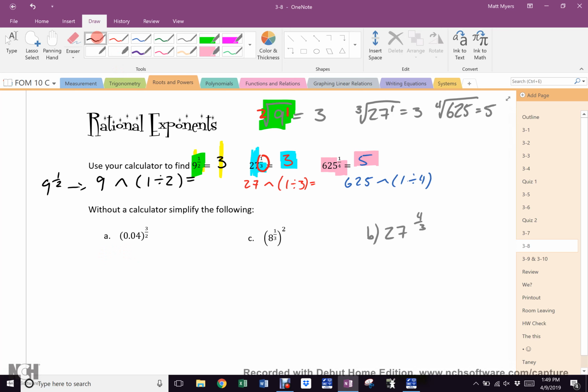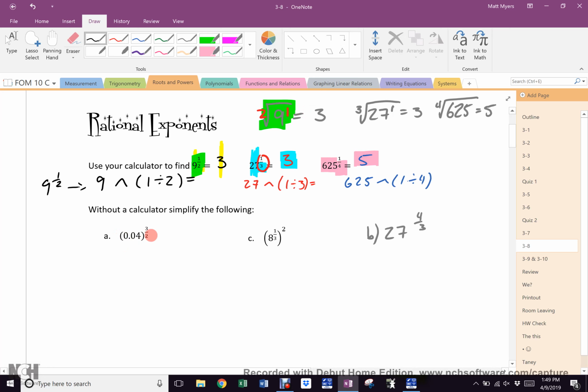Now, in A, you notice that in all of these, what happened to the base when I put it into the radical form? Where did the base end up? It became the radicand, right? Does it matter what the base looks like? Of course not.